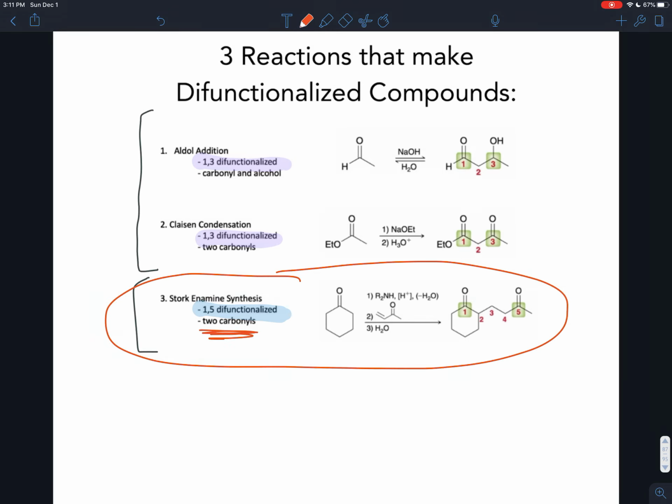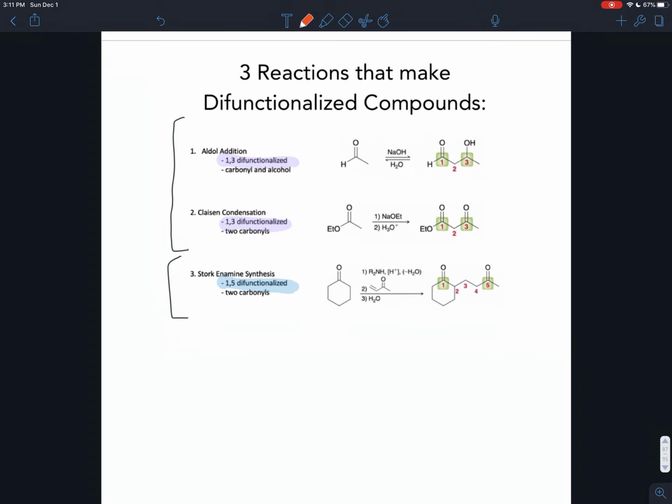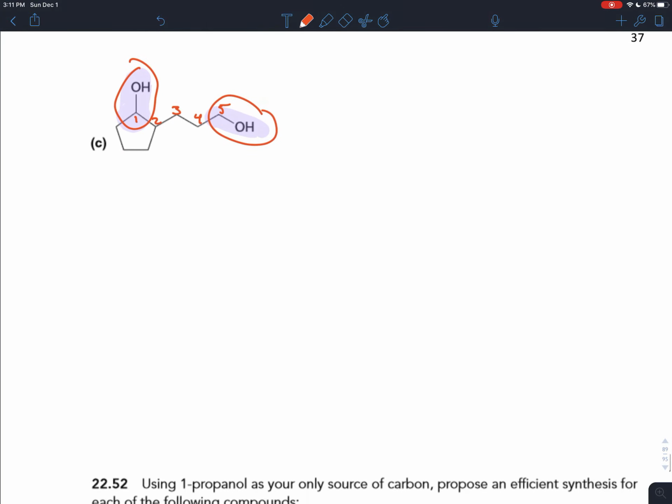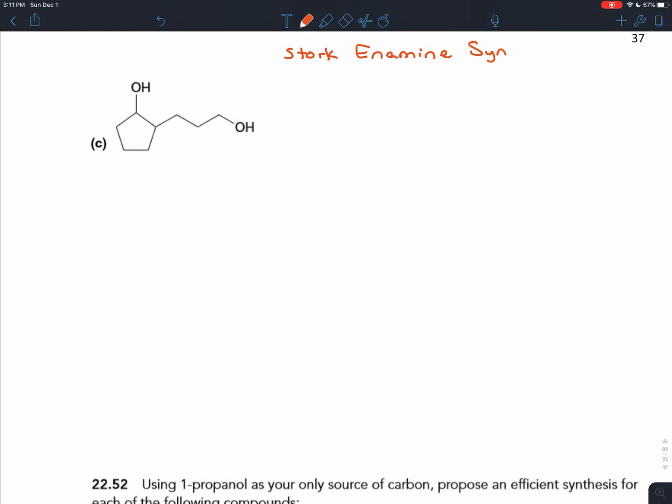Now it's true, the Stork enamine synthesis will give us 2 carbonyls, but we can always change the functional group into whatever we want using our competence as organic chemists. Okay, so how would we do this? We know that just from that preliminary analysis that we have to do the Stork enamine synthesis.